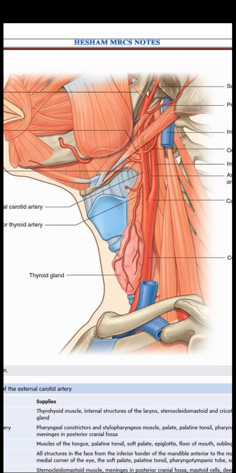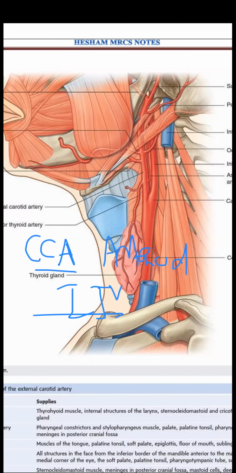Please keep this. I will try to write. The common carotid artery is anteromedial to the internal jugular vein, while the vagus is posteromedial to the internal jugular vein.